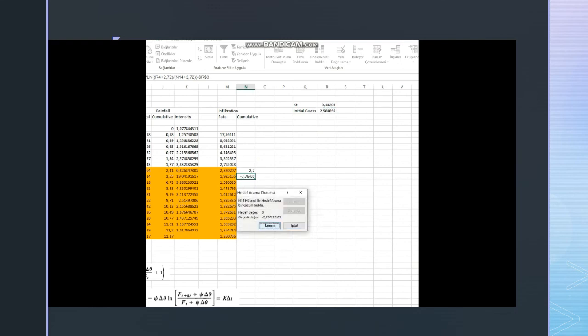And when it runs, it shows 2.588, so it's almost 2.6. So let's write here 2.589. 2.589 is going to be my cumulative infiltration.